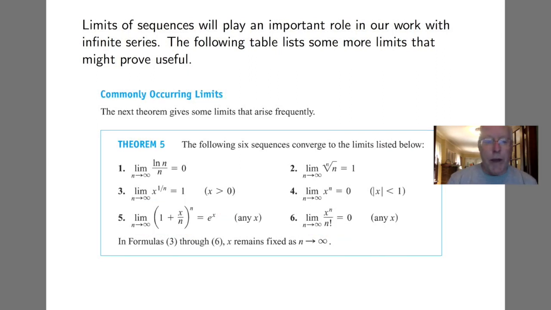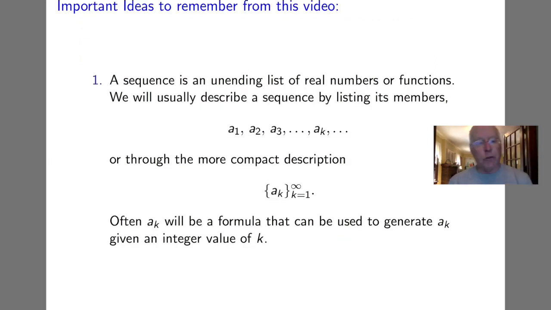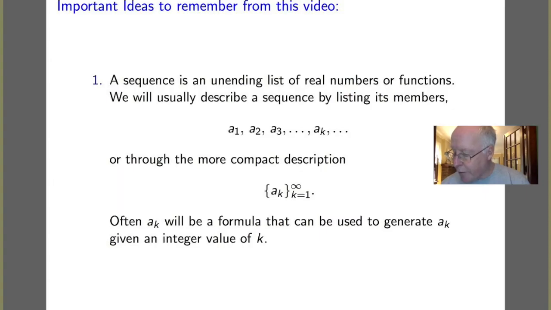Okay, so how do we end? Here's what you want to remember. A sequence is just an unending list of real numbers or functions, usually described by either listing its members, like this, just a1, a2, a3, etc., and then hoping there's enough of a pattern for you to predict what the next elements are going to be and how to write down any element you want. And sometimes we use a more compact notation.